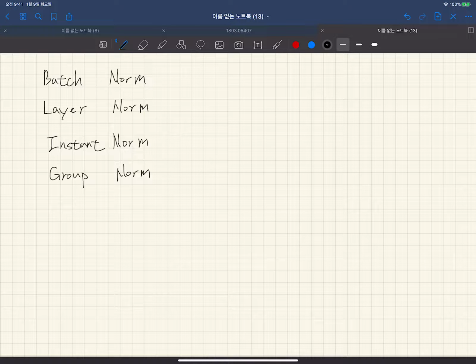Layer normalization just uses one single data point, but it uses the whole channel space. So for one single data point, it takes the average for one entire layer and computes the variance for one entire layer, and then makes the entire layer have zero mean and unit variance.